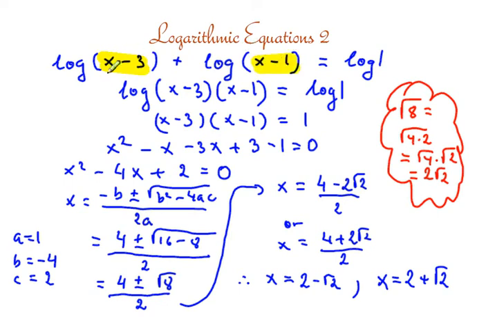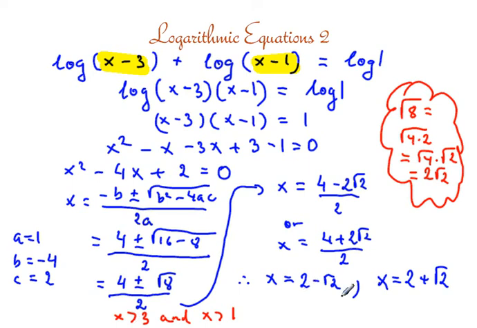So this gives you the idea now that x has to be greater than 3 and x has to be greater than 1. So the solution begins from values that are greater than 3. You can only use the value of x that is greater than 3.